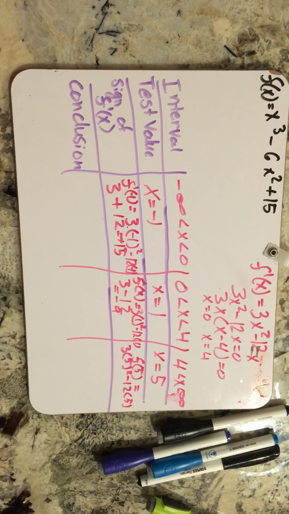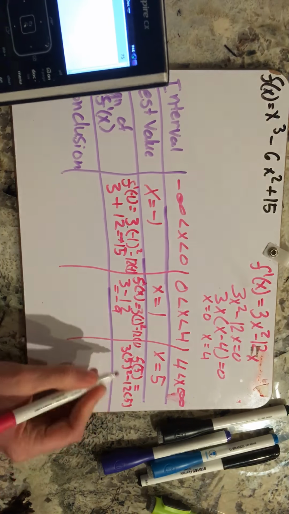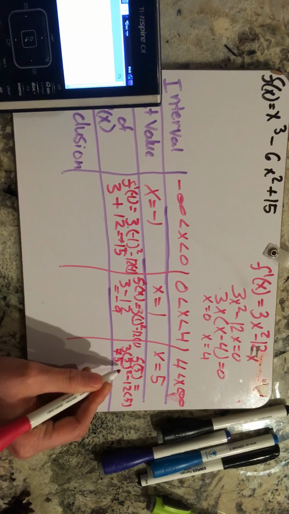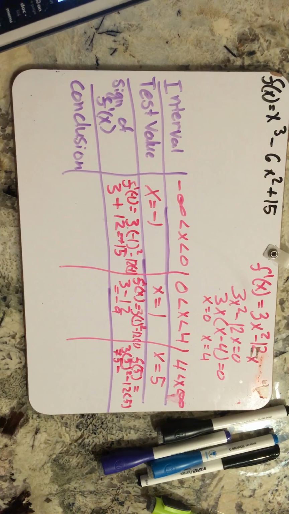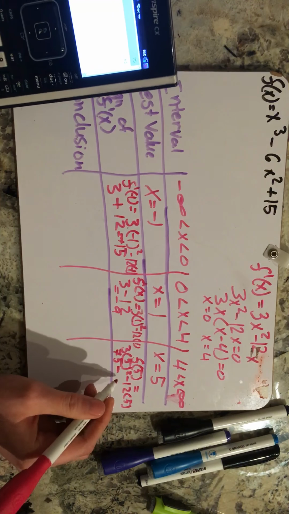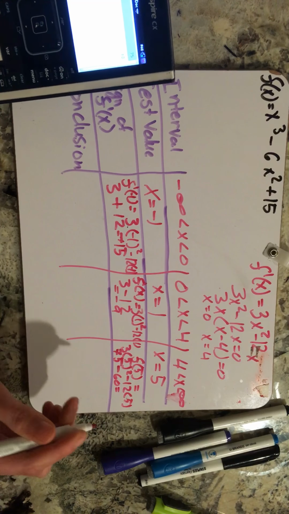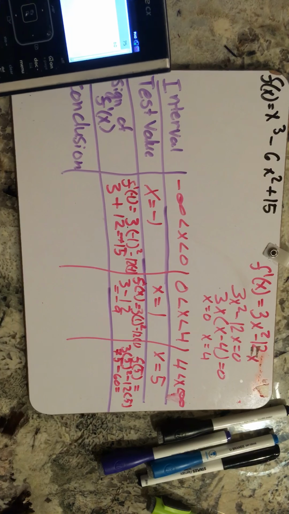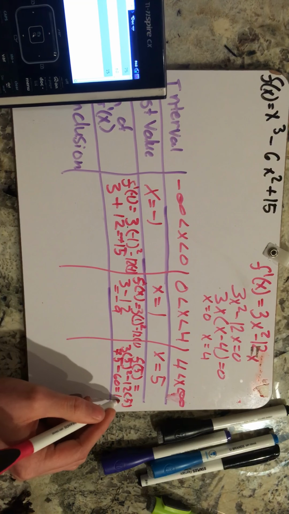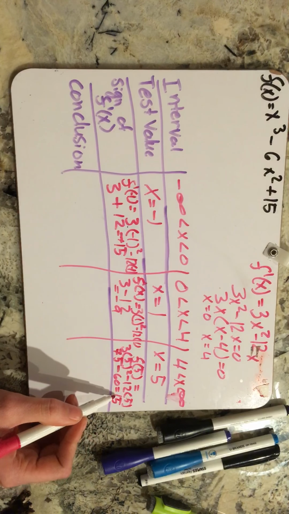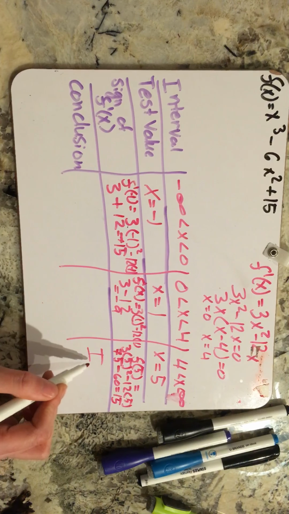Let me check this because I'm not sure what it is. 3 times 25 is 75 minus 12 times 5, which is 60. This is a positive number. This is going to be positive 15. Yes. So here this is a positive number, so it's increasing.